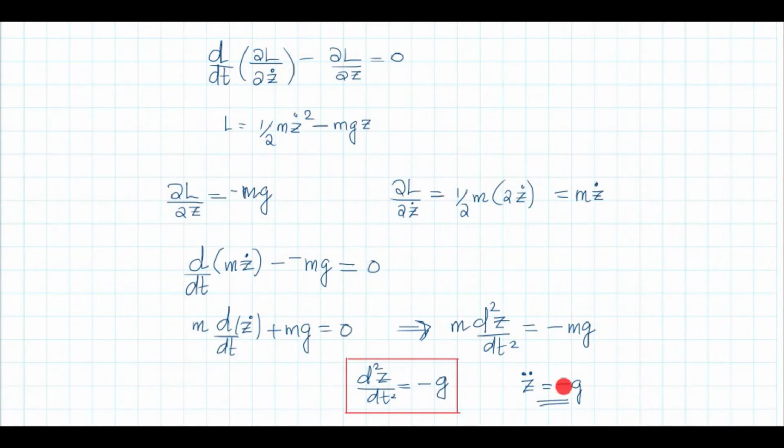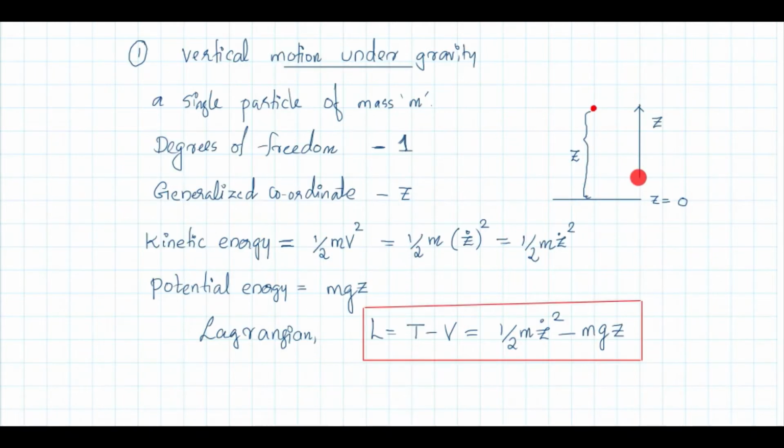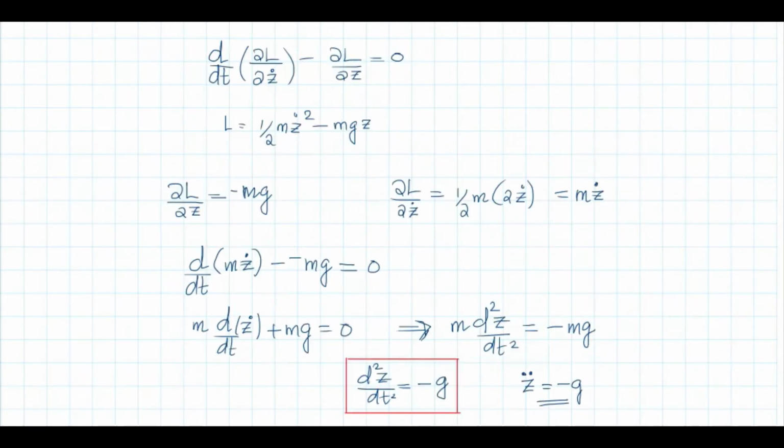That is the meaning of this negative sign, and it will have a value of g, the acceleration due to gravity. Because we are considering upward direction as positive z, the minus sign indicates that gravitational force will always be acting vertically downward. This is the equation of motion.